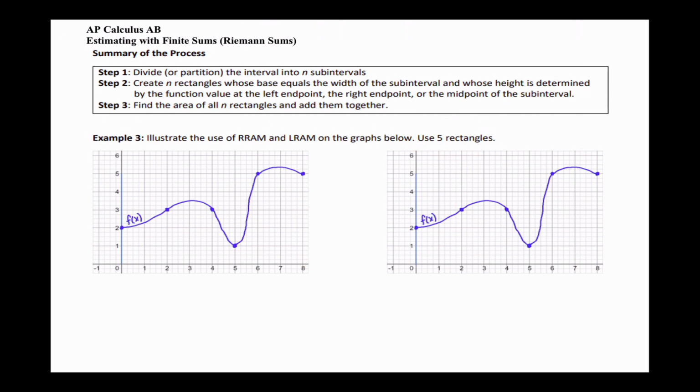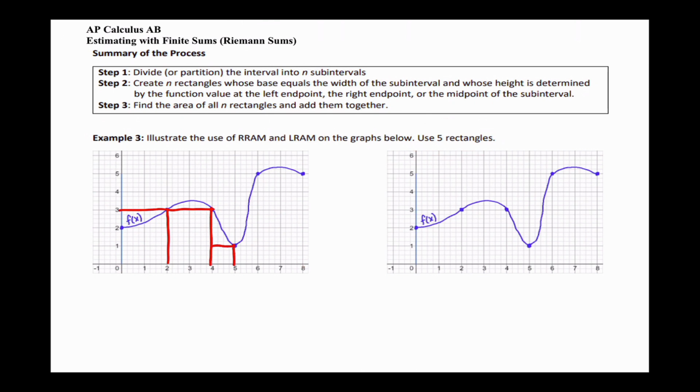If we're going to use RRAM, that means the right side has to touch the blue line, the function. There are many ways to do this. I just have to have 5 rectangles. The first rectangle touches the blue on the right side.